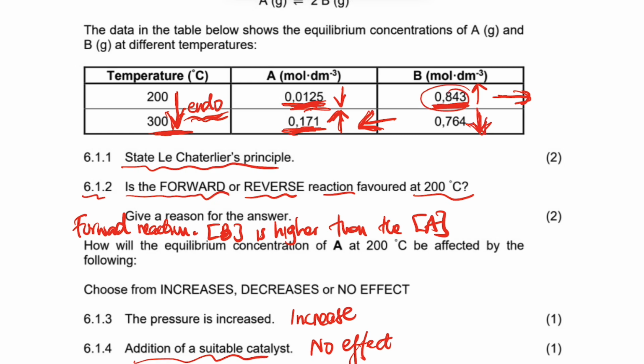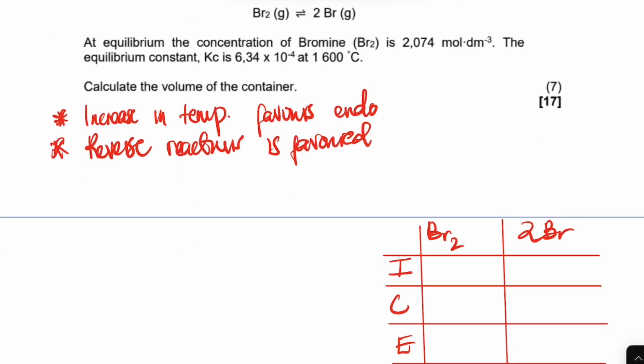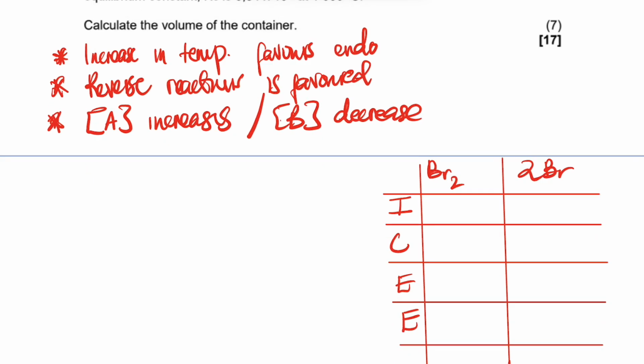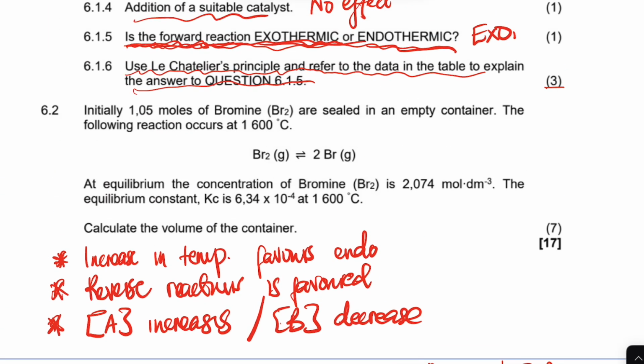So reverse reaction is favored. And then we can say the concentration of the reactant, which is A, increases, or we can say the concentration of the product decreases when the reverse is favored, right?